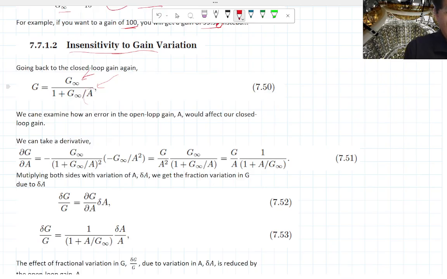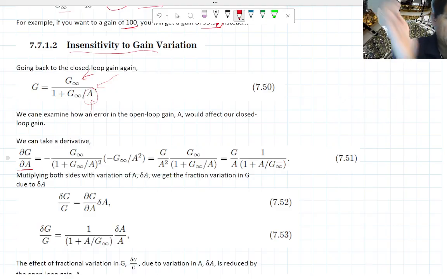If this number is very, very large, the idealized gain basically becomes the gain you actually see in real life. The way we analyze this is by taking a derivative, because we want to figure out how this real gain changes with the open loop gain. I'm saying a lot of gain, but they are different from each other.